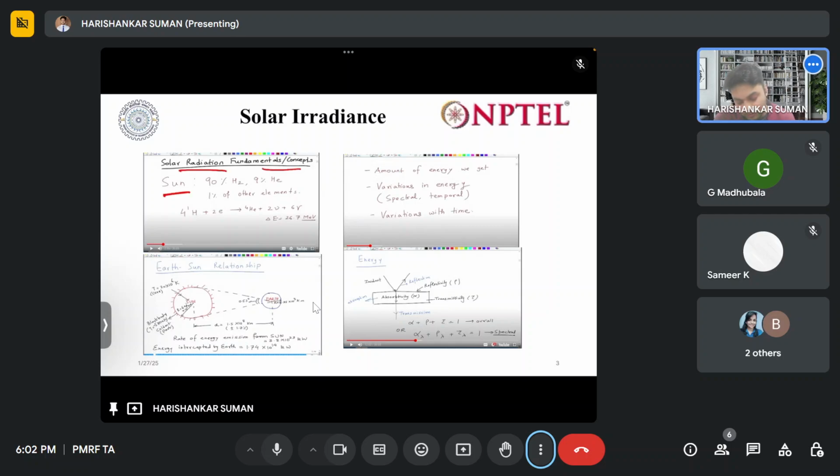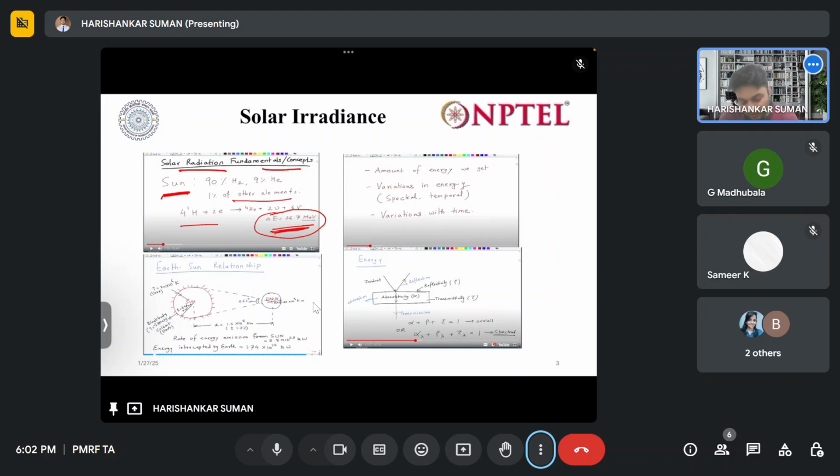In the sun there is a reaction: 4 hydrogen make 1 helium, and the amount of energy is 26.7 MeV. This is huge. And the sun consists of 90% H2 and 9% helium, and 1% other elements.